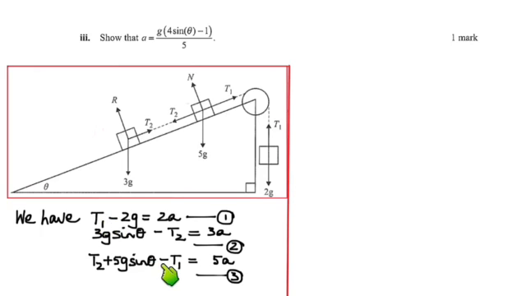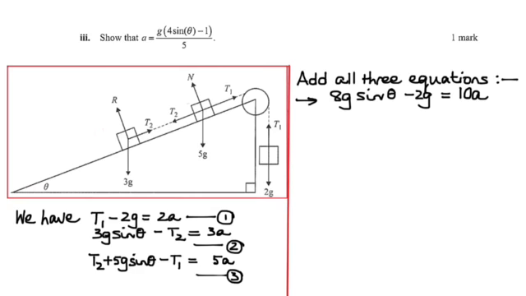You see, there's a T1 here and a minus T1 there. There's a T2 here and a minus T2 there. So if you add all three equations up, you'll just be left with dear old A from the right hand side, together with some G terms over here. So let's do that. And we get that. Goodness gracious, isn't that wonderful?